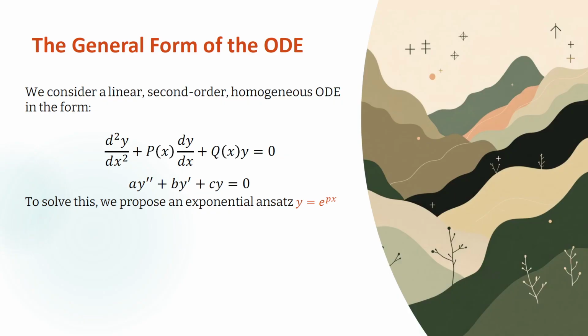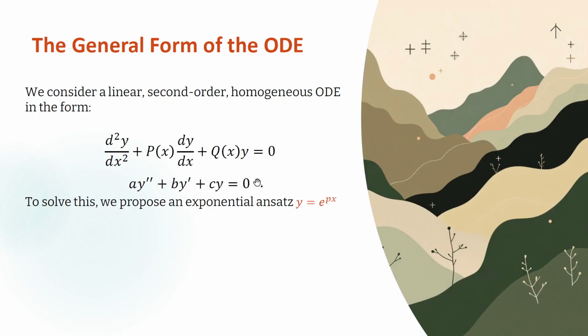Now, you might be wondering about the choice of this exponential ansatz, particularly the exponent px. Do not be confused by this, because it might change depending on the particular ordinary differential equation that you are trying to solve.